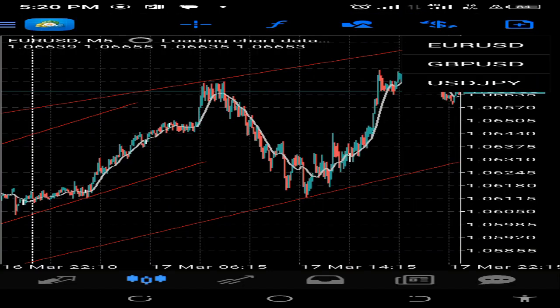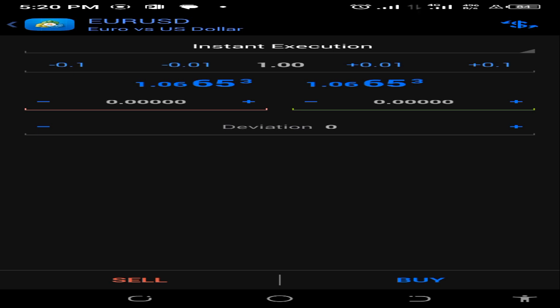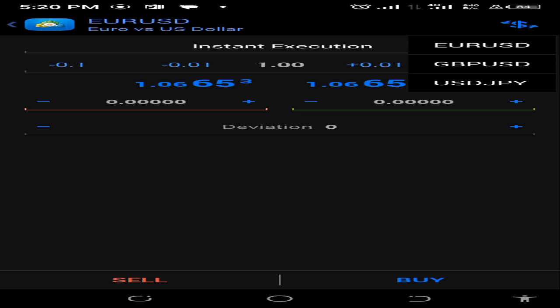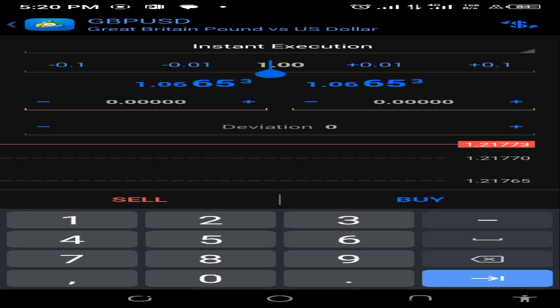Here it shows the currency pair, the EUR/USD, GBP/USD, USD/JPY. So this shows the currency pair. Then when you want to enter a trade, you can click on this plus. This one is EUR/USD. You can change the currency pair from here. You can go to GBP/USD. Then here, because we are starters, we are not going to use 1 lot.